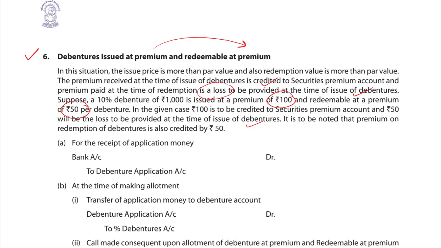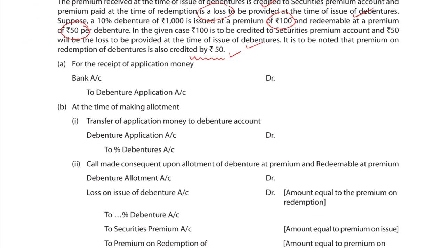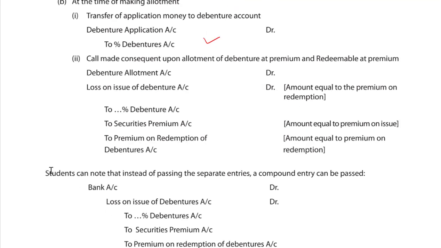It is to be noted that premium on redemption of debenture is credited by rupee 50. For the receipt of application money, bank account debited to debenture application. At the time of making allotment, transfer of application money to debenture account, debenture application to debentures.